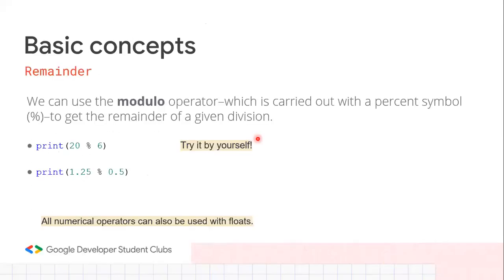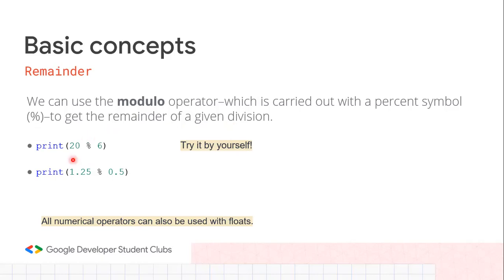For the basic concept, if we would like to calculate the remainder between two numbers, in mathematics we usually use the modulo operator, which is the percent symbol that we already know, to get the remainder of a given division.